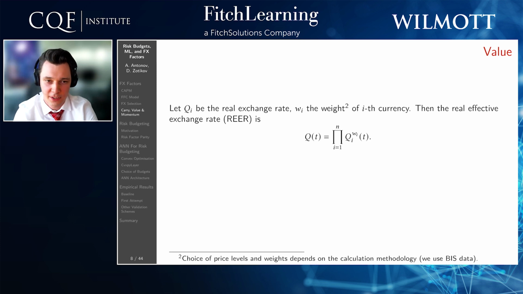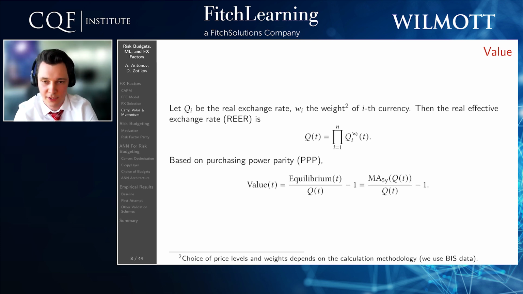If we fix those real exchange rates and weights according to the methodology of the Bank for International Settlements, once again, there are several possibilities on how to do that, we may arrive at the following definition of the real exchange rate, which is a geometric average of the real exchange rates.